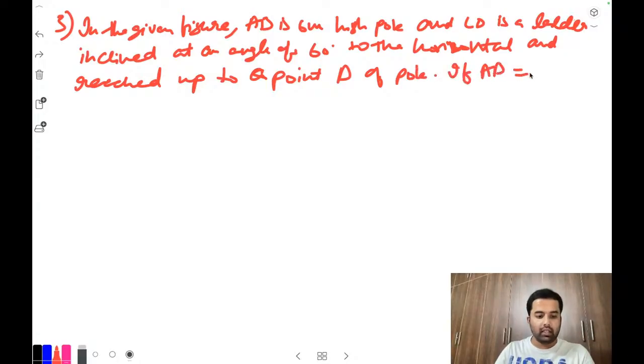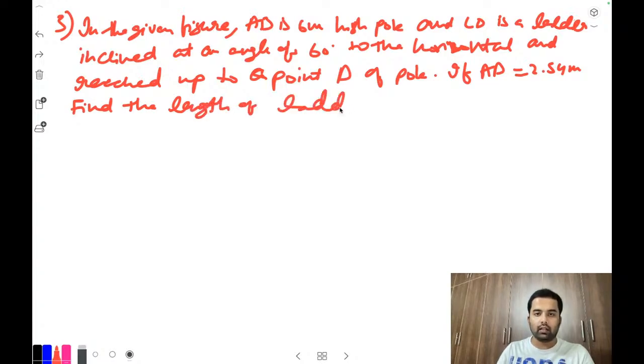If AD equal to 2.54 meter, find the length of ladder. Find the length of ladder. Okay, the question is there, and let me draw the diagram also, because in this question we have a diagram here.